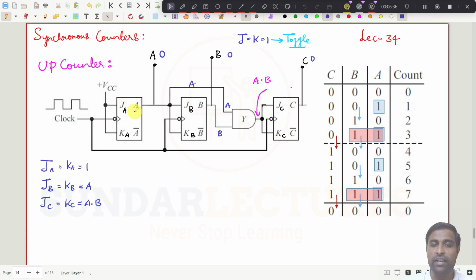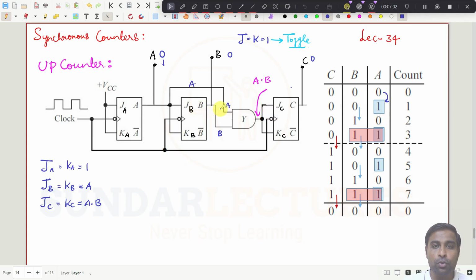Already it is 0. Since it is 1, 1, it has to change to 1. That is what you can see at this instant. So this A, which was 0, is toggled to 1 now.